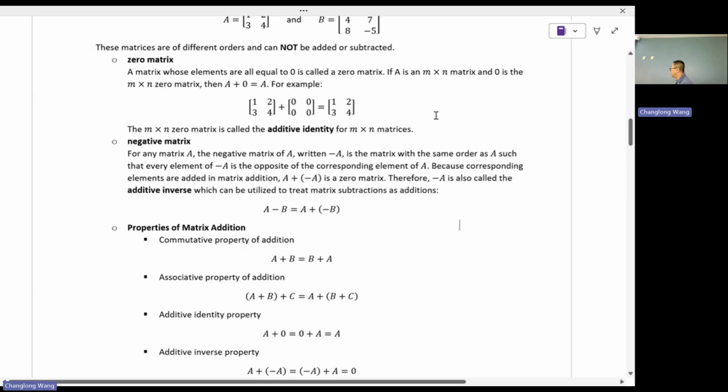But here's the catch. There's only one zero in number theory, the one zero, that's the origin. But there are, technically speaking, infinitely many zero matrices because they are of different orders. And I can have a matrix that has only one zero in it.